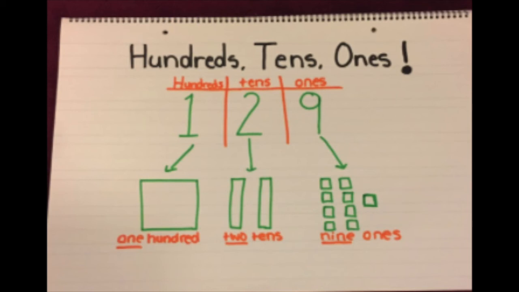And we see in the picture they already separated the ones cubes into pairs or equal groups, and we see that we have 4 equal groups of 2 and we have 1 left over. So when we count them all together, that is 1, 2, 3, 4, 5, 6, 7, 8, 9, representing 9 ones.